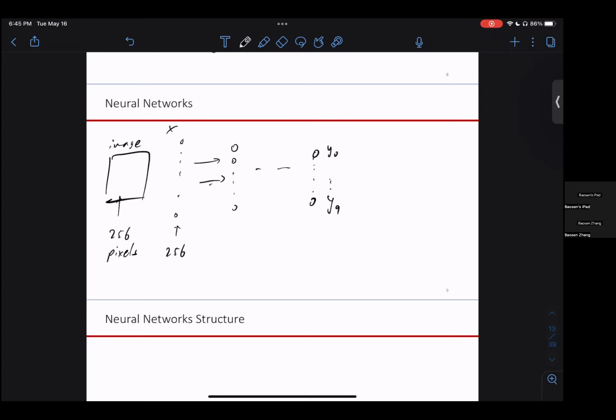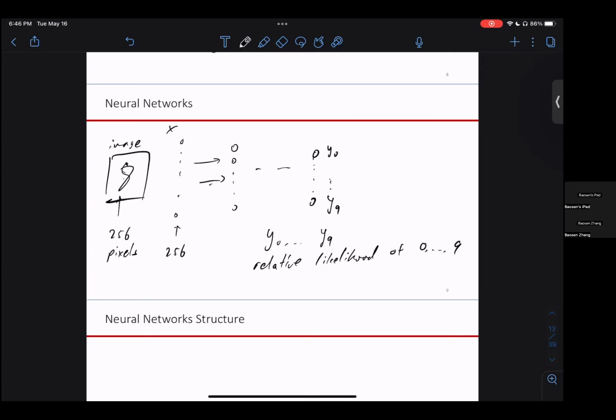So what are these outputs? For example, let's say this possible image is an 8 that I write. Here Y0 to Y9 are the relative likelihood of 0 to 9. The way this works is you figure out which one is the highest and say that's the classification decision you make.